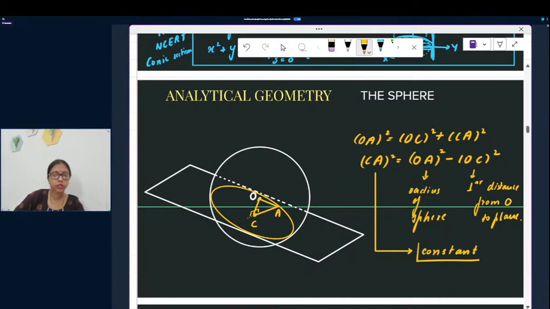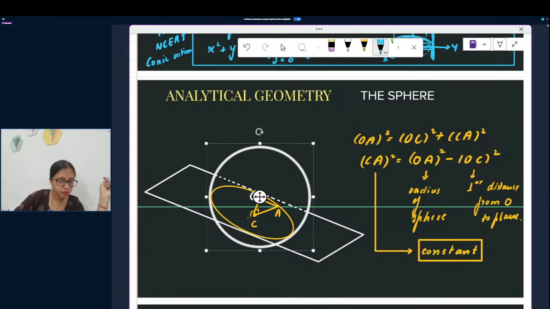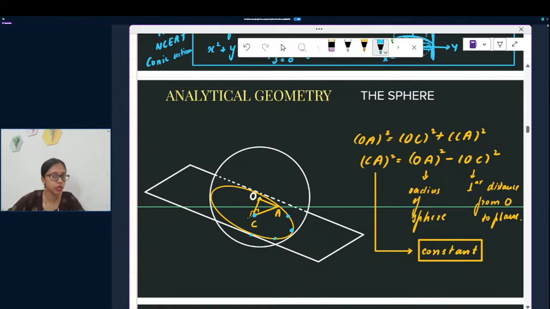And the whole purpose of getting this constant was to say that, if CA is constant, what is CA? That A point can be changed. You see, A point has a choice. You can take A here or here or here or here. Everywhere you get the same result.